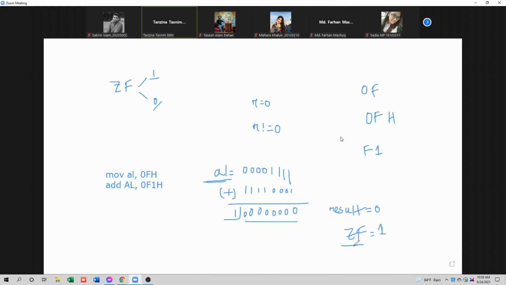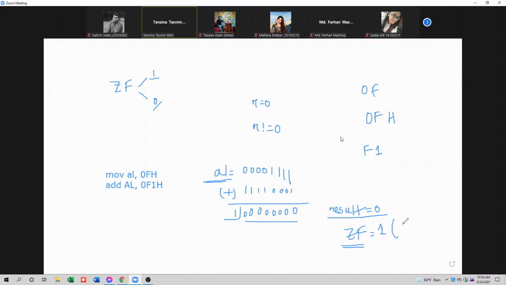This zero flag register's value depends on the result of your arithmetic, logical, or relational operation. The zero flag register can have two types of value: one is 0, another is 1. When the result of the arithmetic operation is 0, we set the value 1 in the zero flag register.